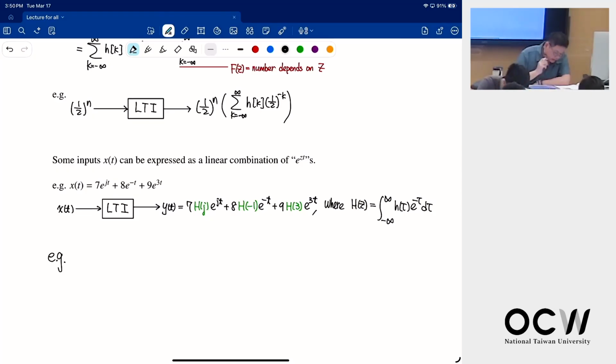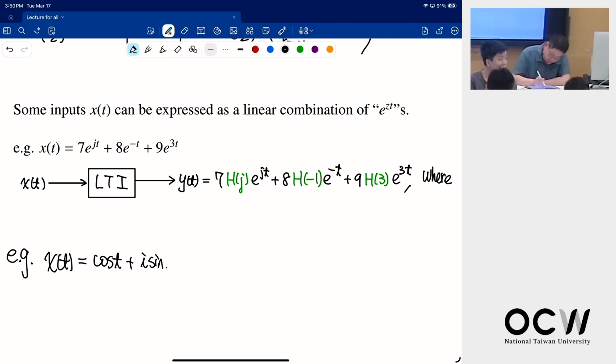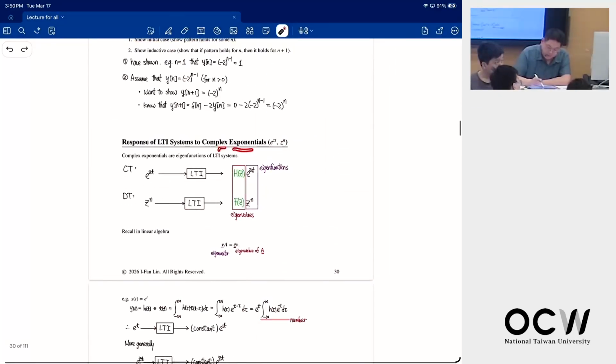Another example, if my input is cosine t plus sine t, what is the output? From this example, you see that if we have a complex exponential, then I should have a complex exponential at the output times a constant, or times the eigenvalue.